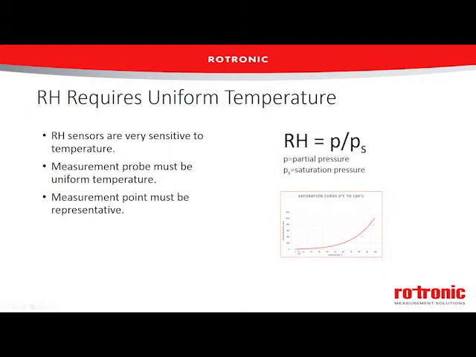Just going back to that saturation vapor pressure curve, we can see here that it is only dependent on temperature. So if the temperature in the space has any gradients in it, that means that the saturation vapor pressure is changing over that space, which would cause the relative humidity to change itself, because it changes one of the parameters in our formula for relative humidity.